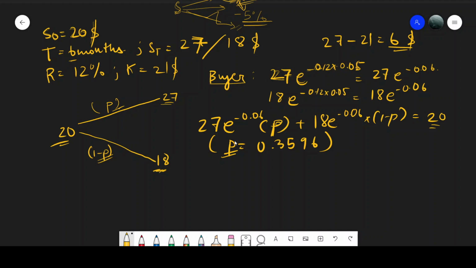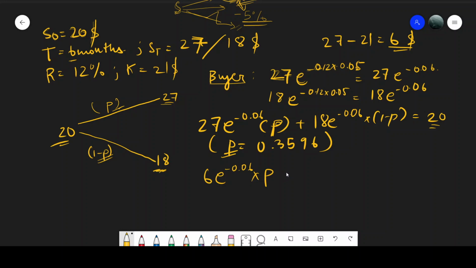Now, this is not the price of the option. This is the risk neutral probability, but I need to find the price of the option, right? So if the share price rises, the buyer will make $6, which I'll have to discount again to the present value, which is e to the power minus 0.06 multiplied by the probability, right?